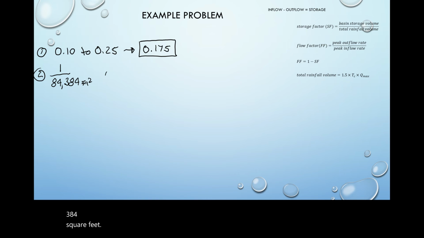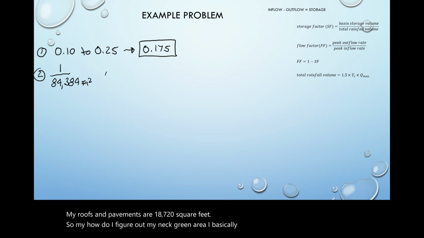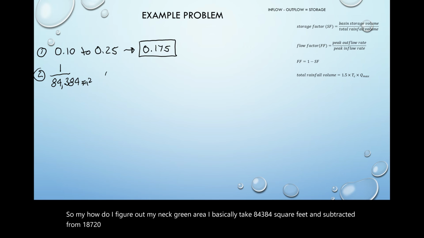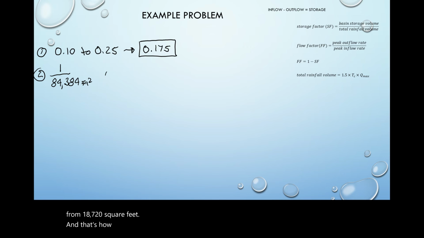My roofs and pavements are 18,720 square feet. So how do I figure out my net green area? I basically take 84,384 square feet and subtract 18,720 square feet, and that's how I get my net green area.